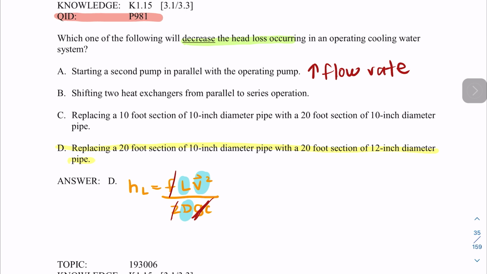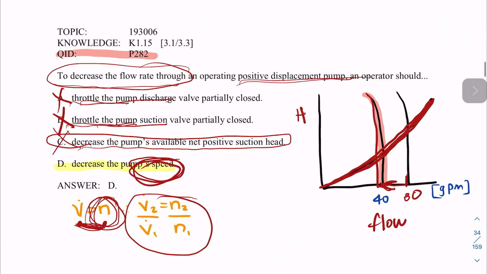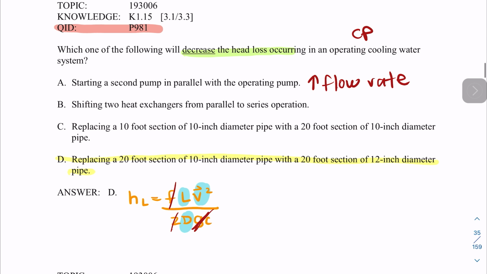Because in this one, we are assuming that it is a centrifugal pump. So we are increasing our flow rate here, and we can go to the previous examples where we talk about what happens when we have a pump in parallel and series. What are we increasing? In this one, we are increasing the flow rate. If we had it in series, we're increasing the pressure, right?